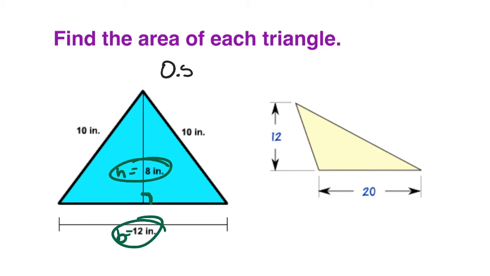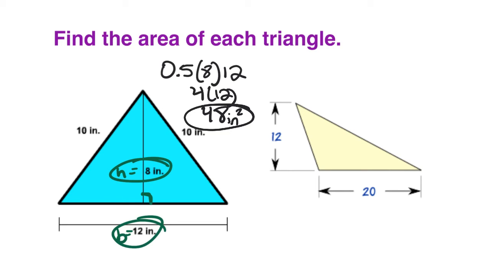And I am going to take 1/2, multiply that by 8, and then multiply that by 12. I know what's half of 8, 4. So then 4 times 12 is 48. My label would be 48 inches squared.